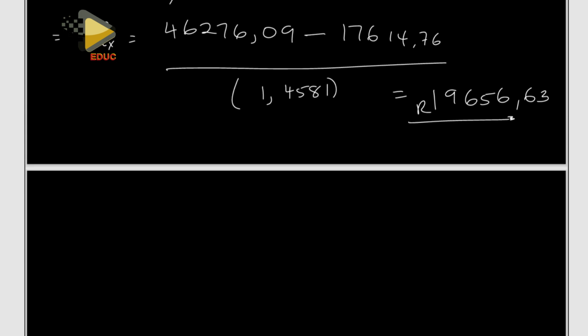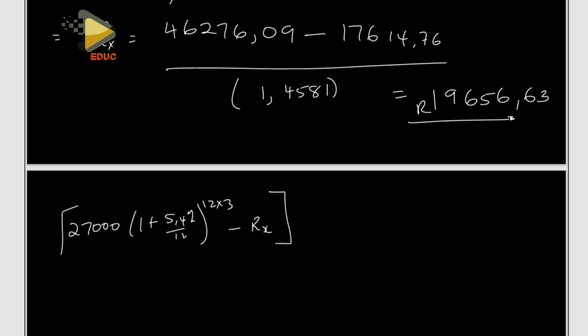But there could be another format where you get the 27,000. It first grows at 5.4% for the first 3 years, and then the answer we get, we subtract the Rx, and then the whole balance will grow for the remaining 12 times 7.